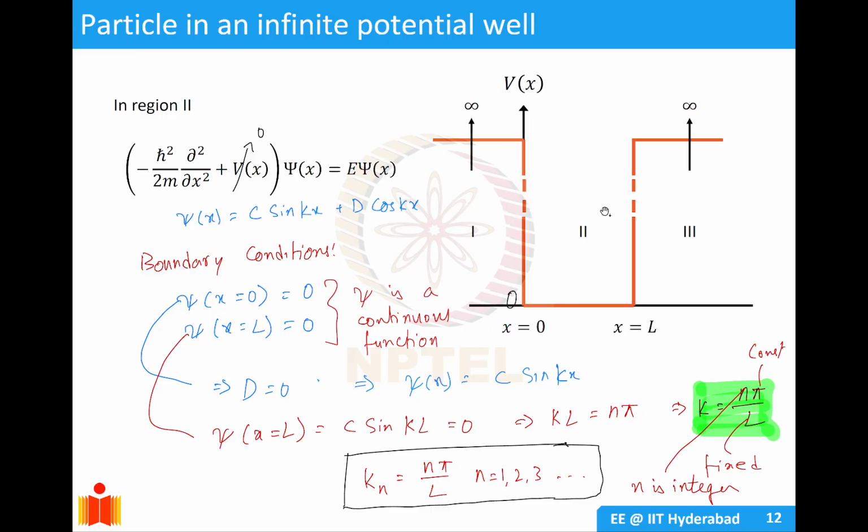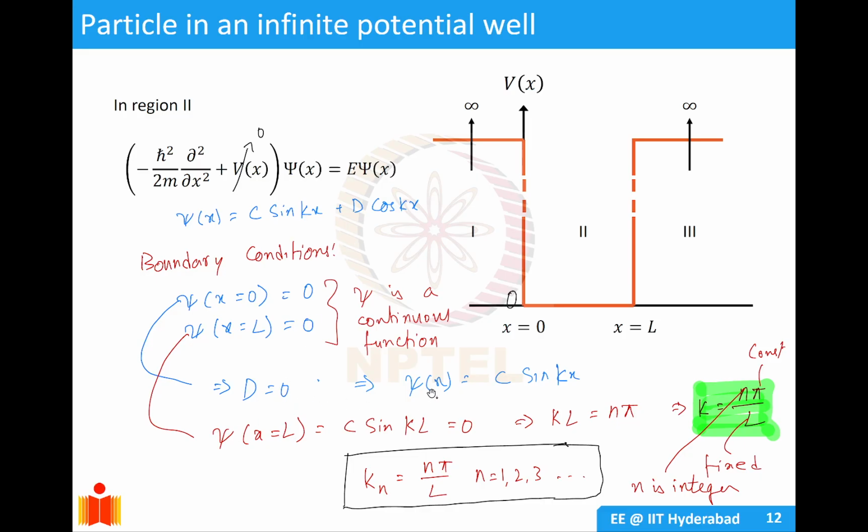And for the inner region, inside the second region, the potential is 0, and for 0 potential we have calculated psi of x to be c sin kx plus d cos kx. Now we can put the boundary conditions on this, which is psi of x equals 0 at x equals 0 and psi of x equals 0 at x equals L. So we will get that d is 0.